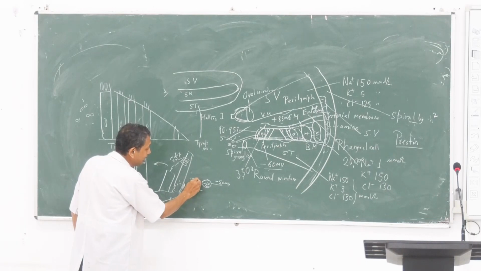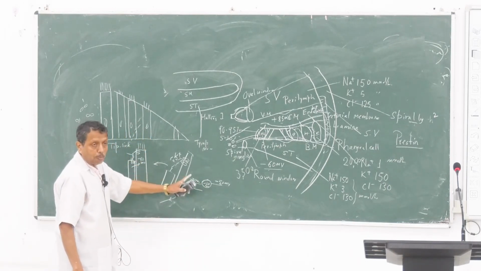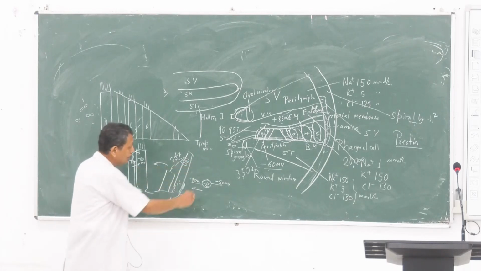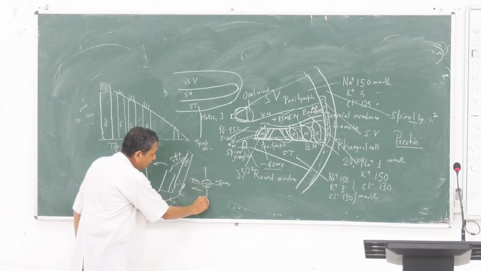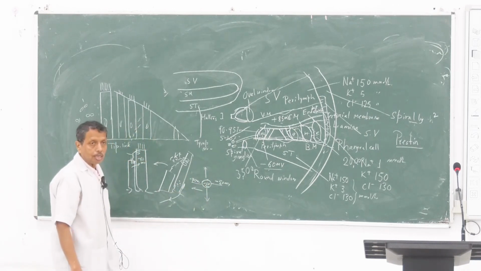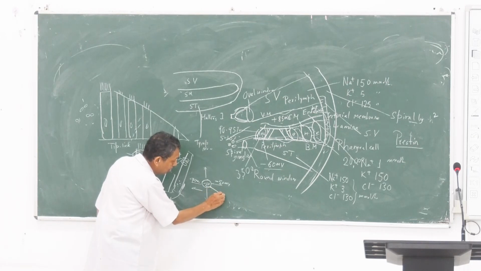And in between, what about the part directly in this direction and this direction? If it is at right angles, 90 degrees, then there is no change. Suppose it is pushed in between them.